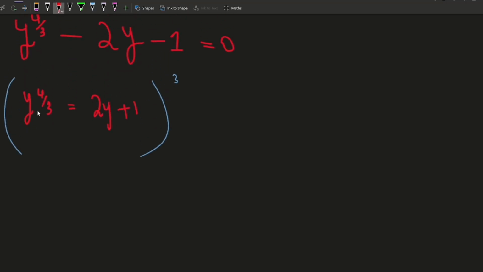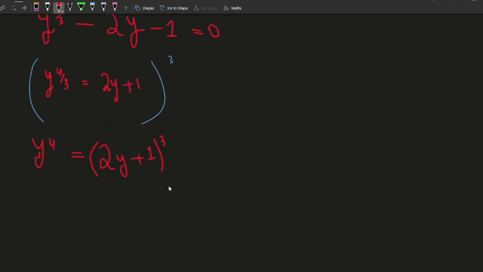So this will become y to the power of 4, because the 3 and 3 get cancelled and we are left with y to the power of 4. Now we have y to the power 4 equals 2y plus 1, with cube over all of it.